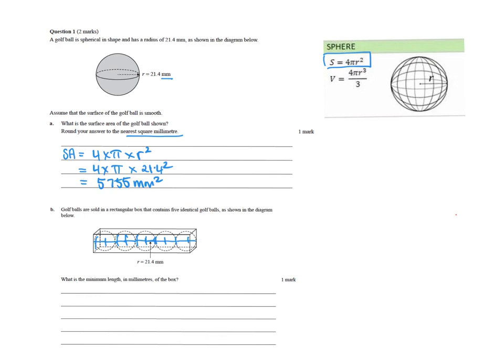So if you've got 5 balls, you've got 10 radiuses. So it would be 10 times the radius would be the minimum length. So 10 times 21.4 equals 214 millimeters. And it said in millimeters, so I'll leave it at that.